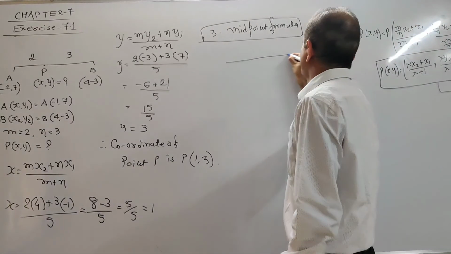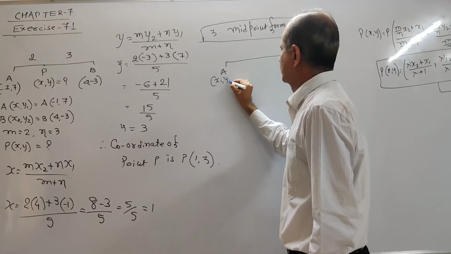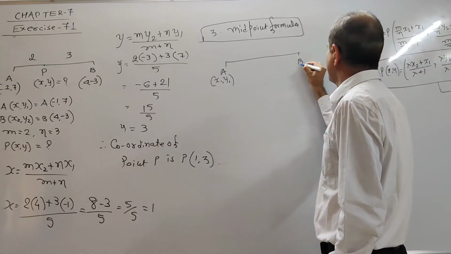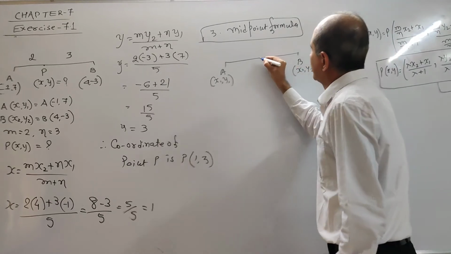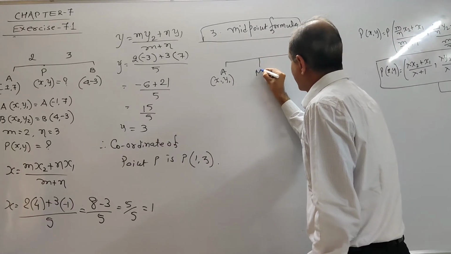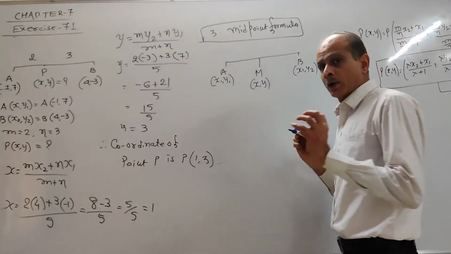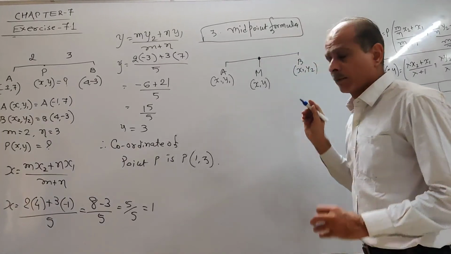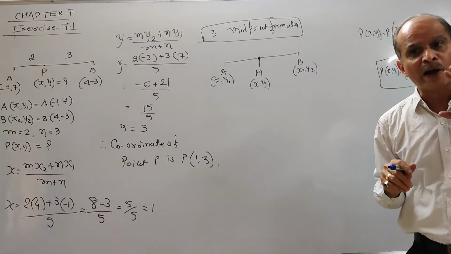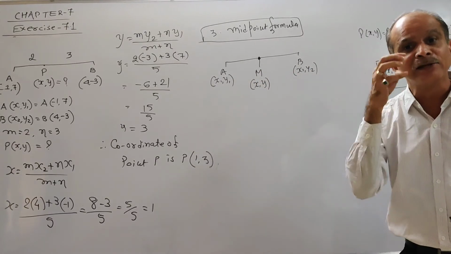Suppose 2 points are given to you: A, the coordinate is (x1, y1), the point B, that is (x2, y2). Now one point, let me say M, the coordinate is (x, y). Suppose M is a midpoint, means this point M divides line segment AB exactly in two parts.